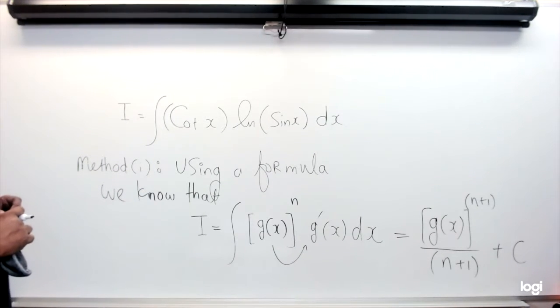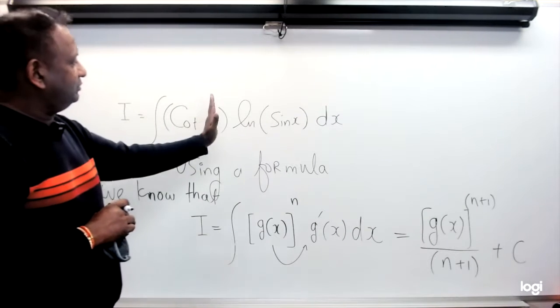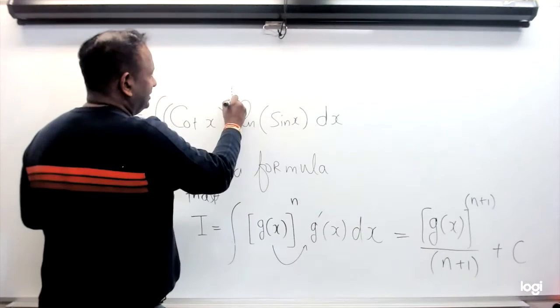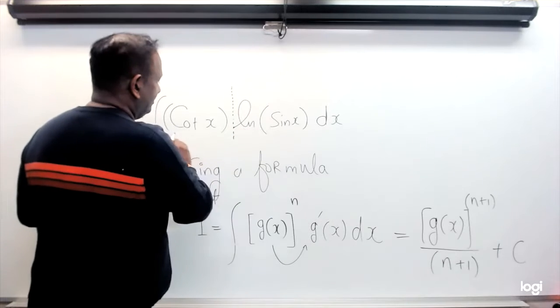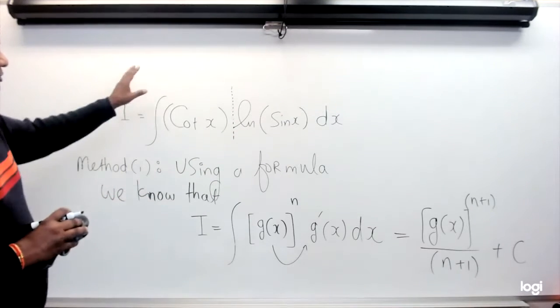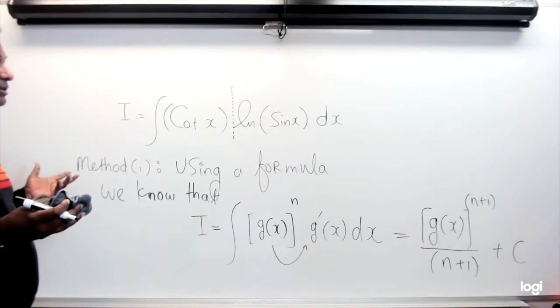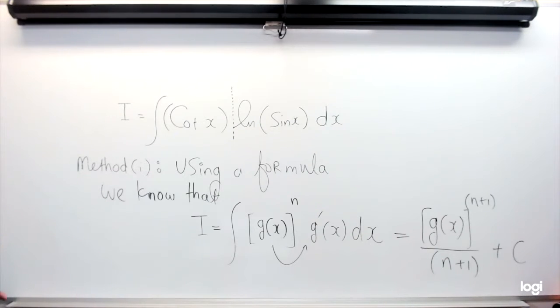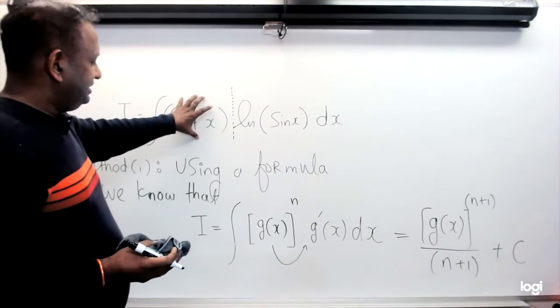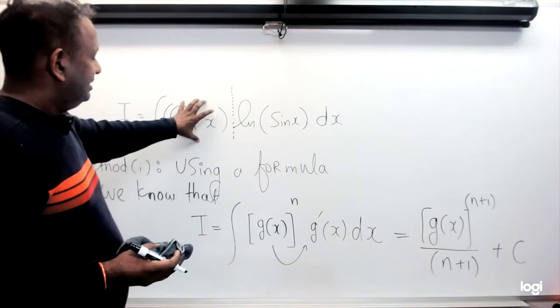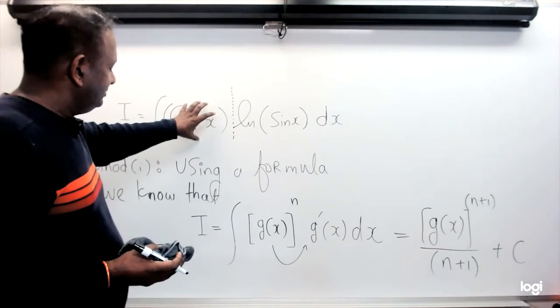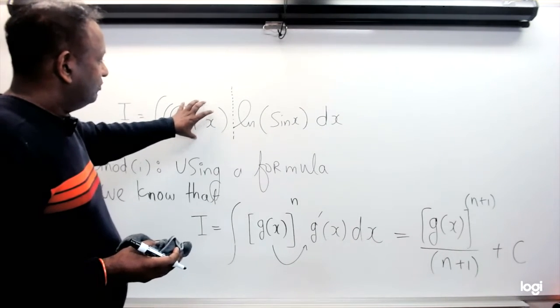If you look at these two functions, there are two functions here, one here, one here. Then you might be thinking, am I going to get this done using integration by parts? That's another way of doing it, but we're not going there because we are trying to use the formula in the first place. In that scenario, you have to figure out only one thing: g of x and n. Which one would be g(x)? If this is g of x, once you differentiate this one, would that produce this answer?